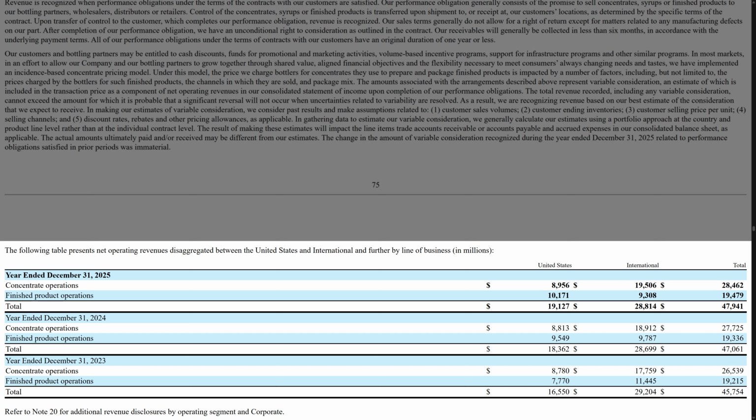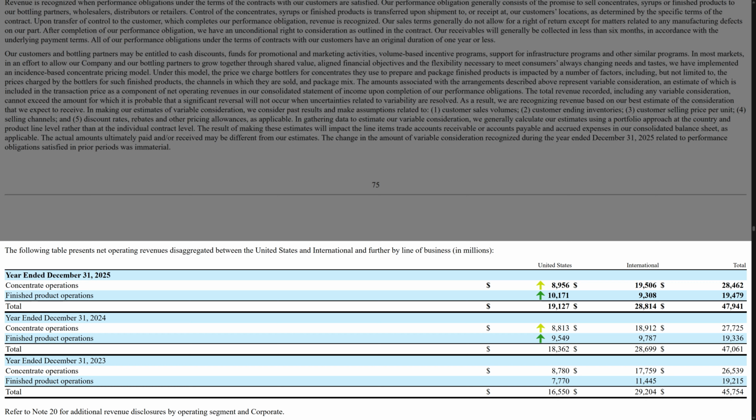There are a couple of interesting things here. First, Coke earns quite a bit more revenue internationally than in the United States. And second, look at the breakdown in the concentrate versus finished products. In the United States, the revenue from concentrate operations has grown quite slowly over the last 2 years, while finished products has grown quicker.